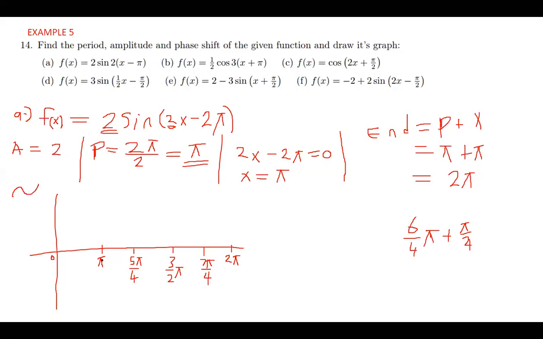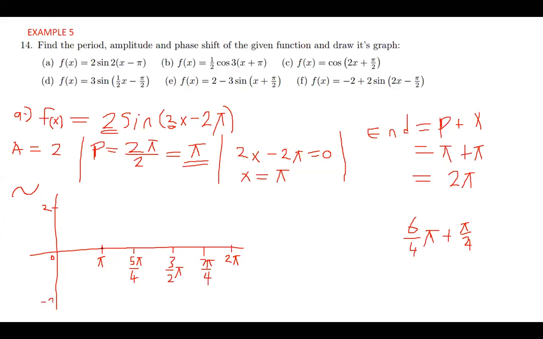Okay, so the sine curve always comes out like this when it's positive, and then when it's negative, it comes out like that. So now, since in our case here, it's positive, it's going to come out like this. So we're going to start from there, and then we look at the amplitude. The amplitude is 2. So I'll put my 2 there, and also negative 2 there.